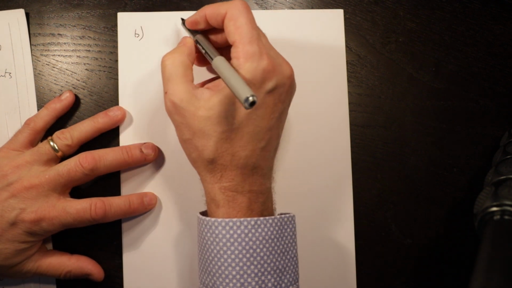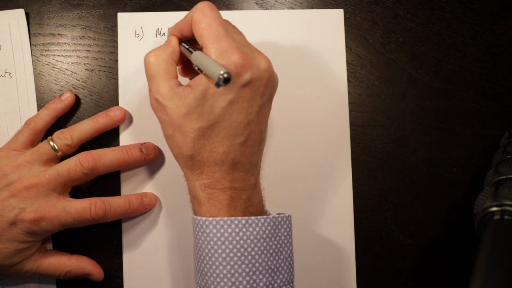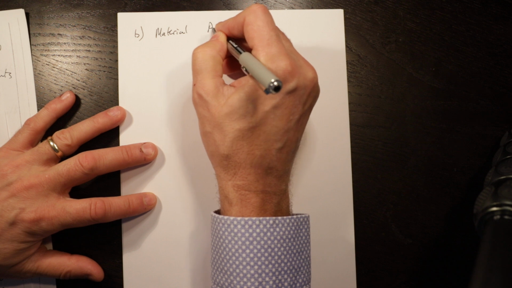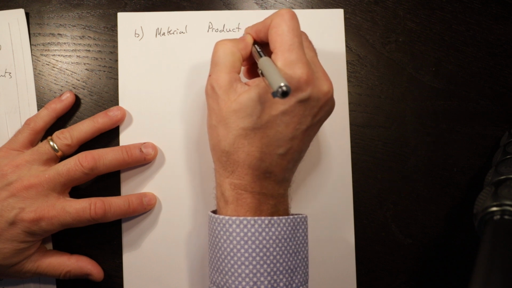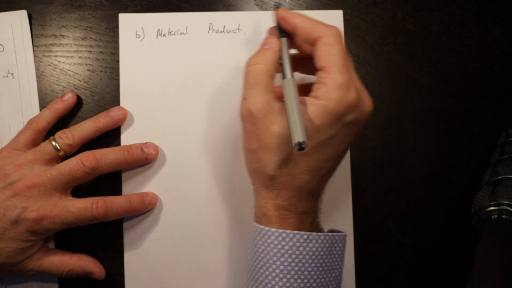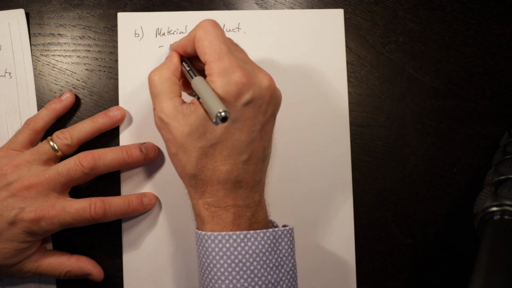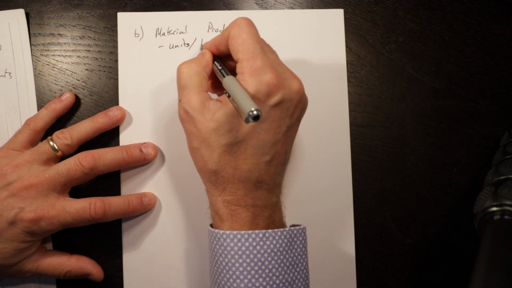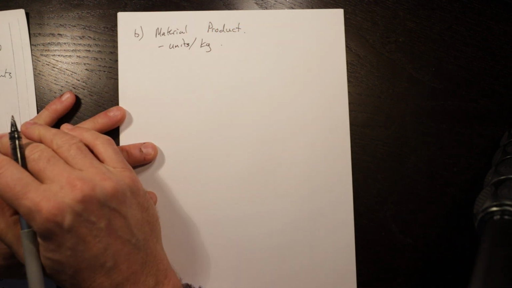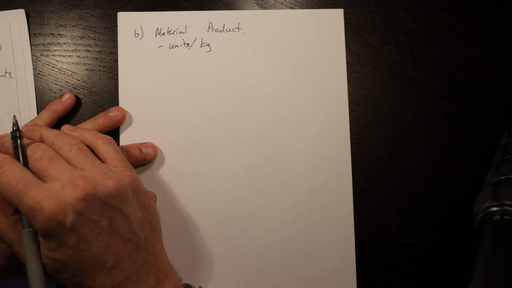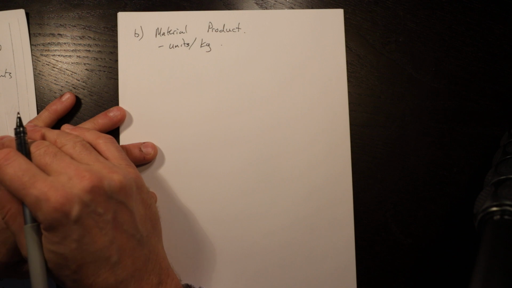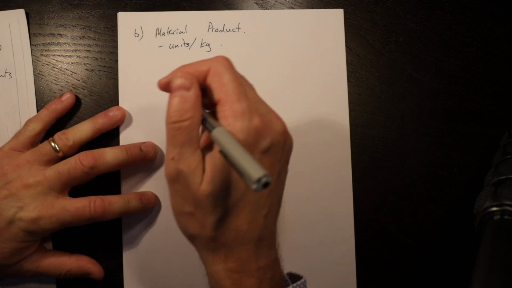So the second part of the question is the material productivity. Again, we're going to do it in units per kg because there was no change in the cost of the raw materials, but we could have done it in terms of raw material dollars as well if we wanted to.